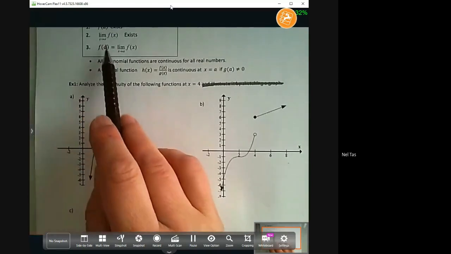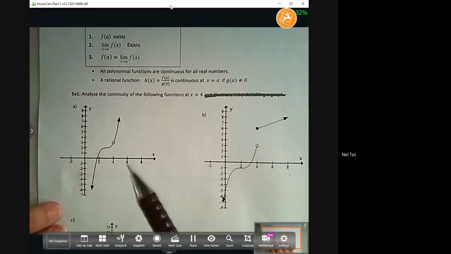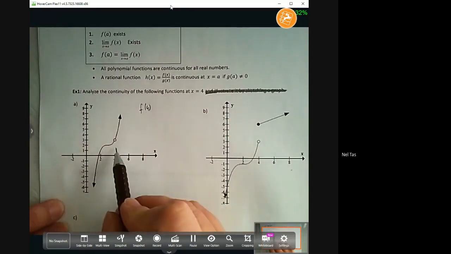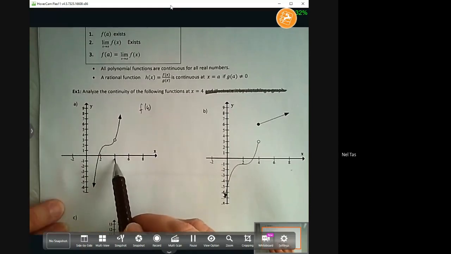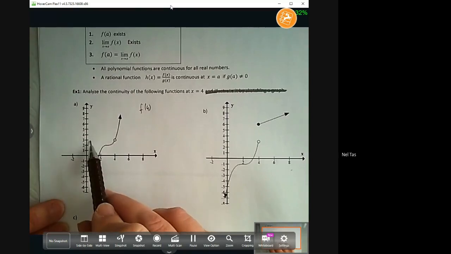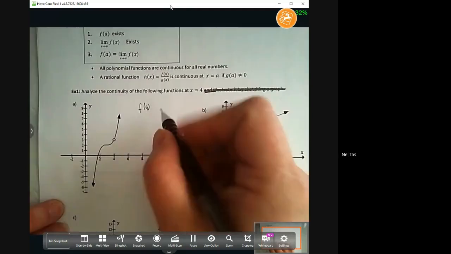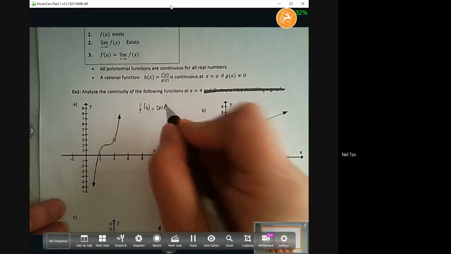Condition 1, we check if f of a exists, so we check if f of 4 exists. When x equals 4, we see a hole. So f of 4 does not exist. It fails the first condition.